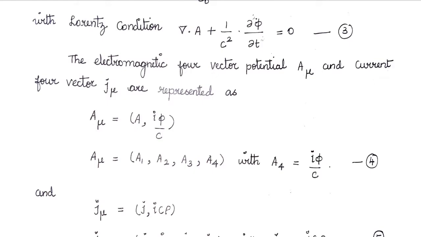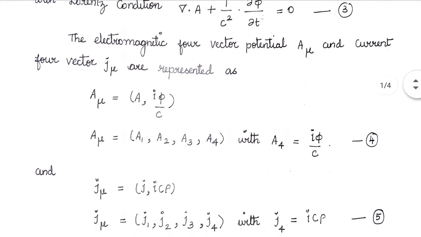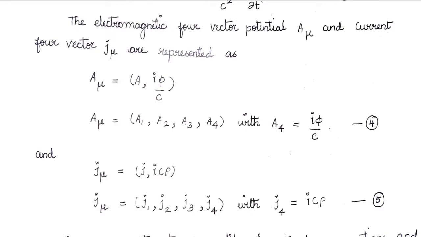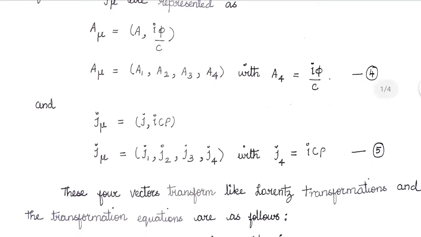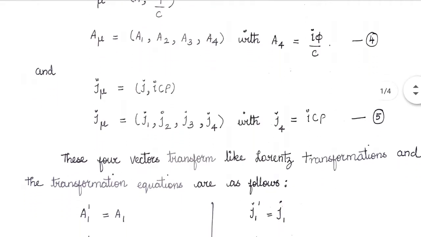A mu has four components, represented as A comma i phi by c, where A stands for the three spatial components A1, A2 and A3, with the fourth component A4 equal to i phi by c. The current four vector J mu is represented by J comma i rho, with the three spatial components J1, J2, J3 and the fourth component J4 equal to i rho.